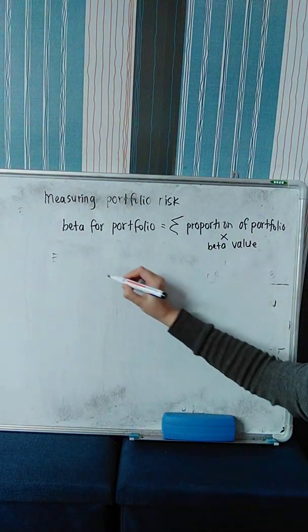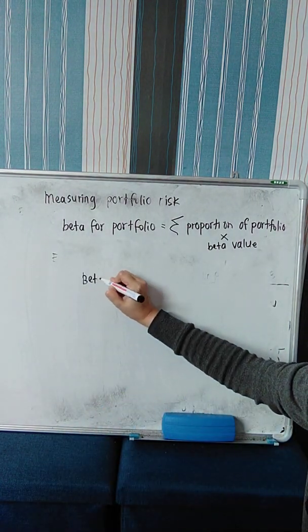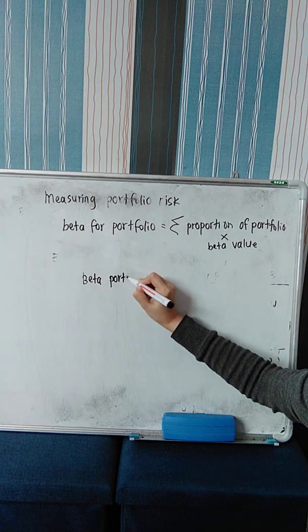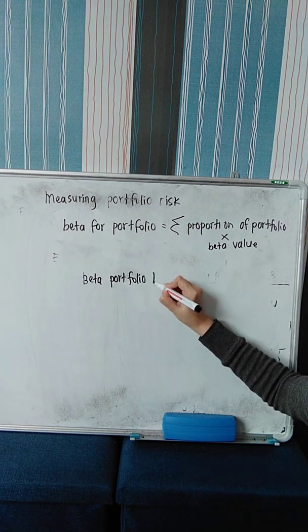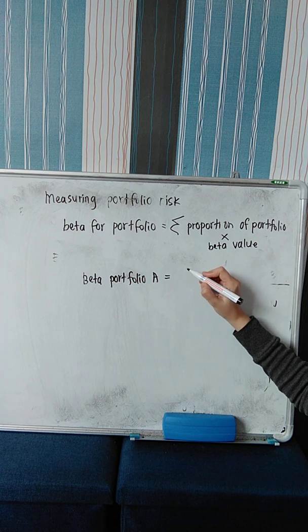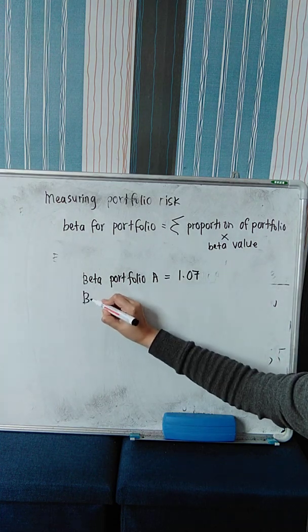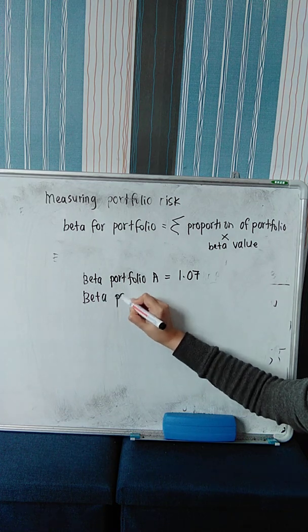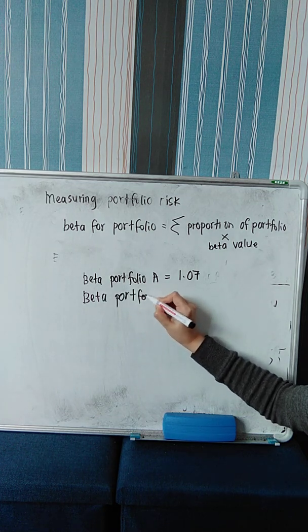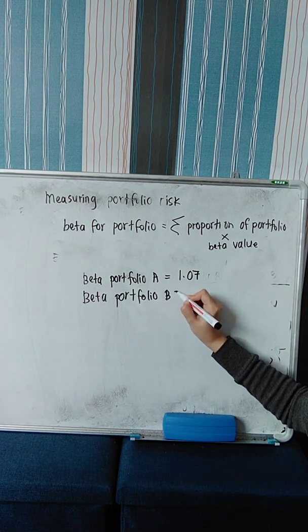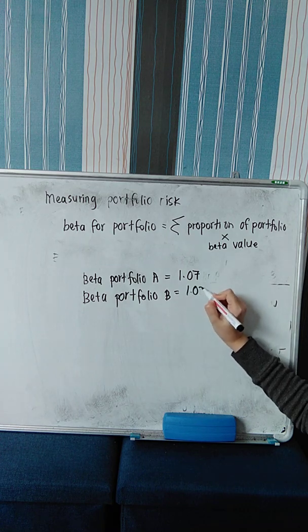Okay, so beta portfolio A, the answer after you are done calculating is 1.07, and beta portfolio B equal to 1.03.